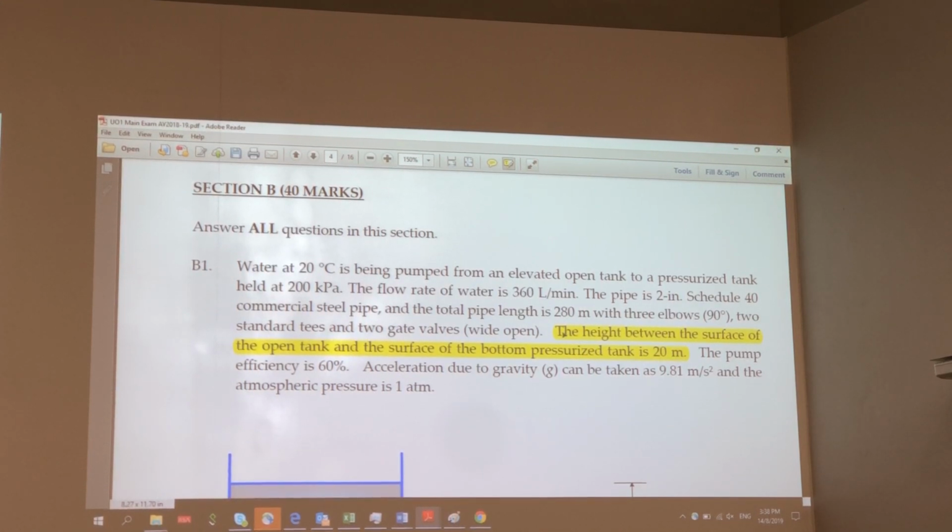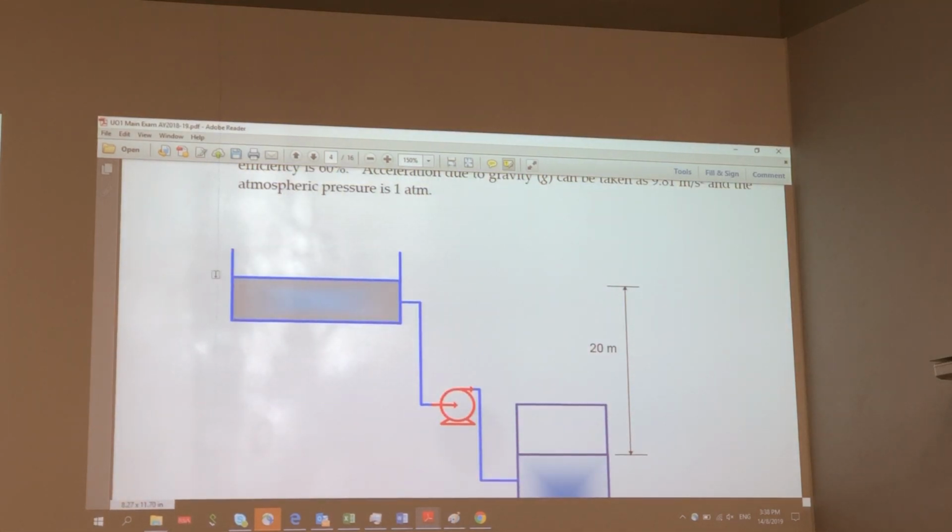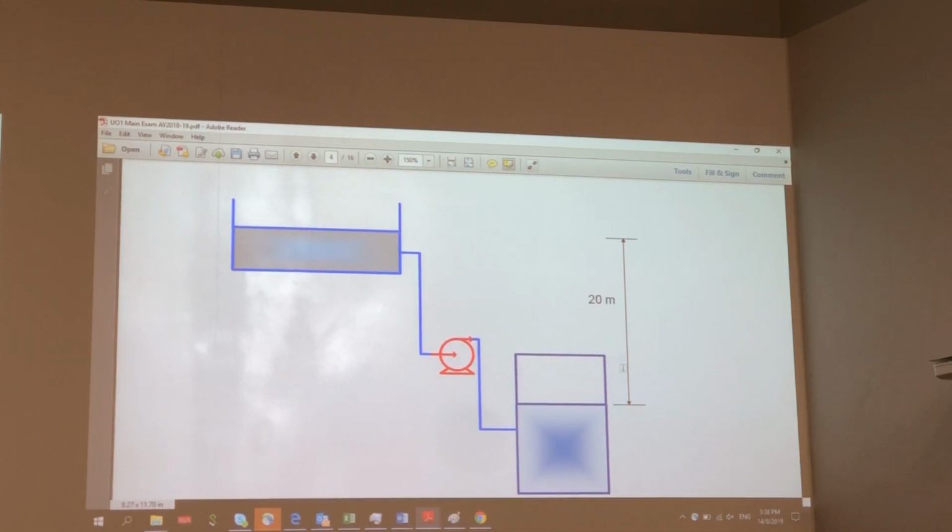See here, the height between the surface of the open tank and the surface of the bottom pressurized tank is 20 meters. So what are the 2 surfaces? One surface is in the open tank. Please take note. The pressurized tank is below. It's not above. The pressurized tank is lower. It's already given like this.